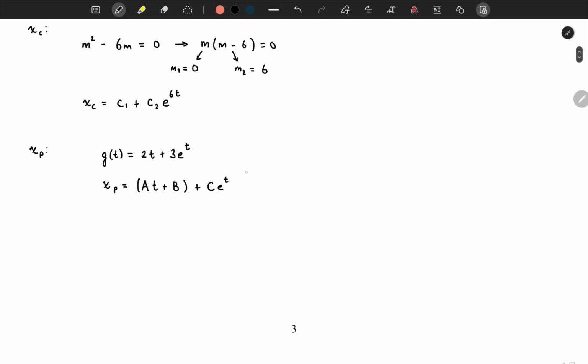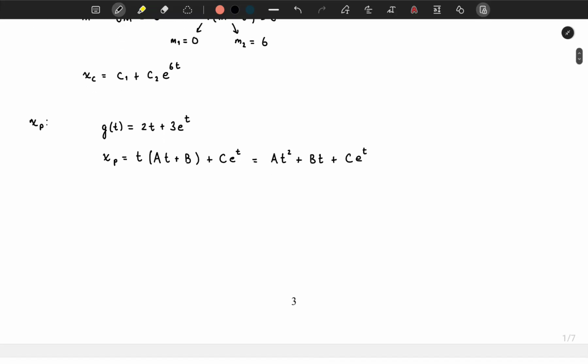So what we have to do is multiply this at plus b by a t to give us at squared plus bt plus c e^t. And now this is our actual xp.